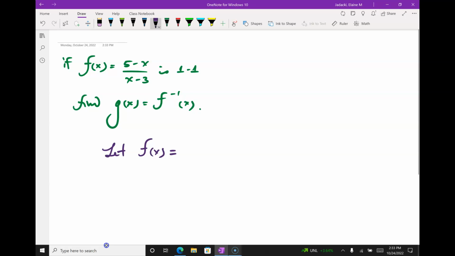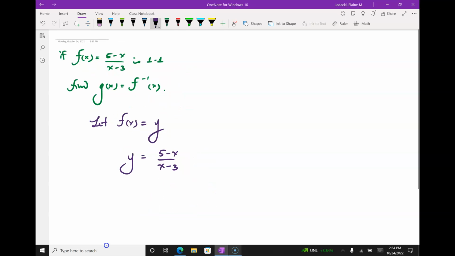Let f of x equal to what? Y. So y is 5 minus x over x minus 3, right? Solve for what? Solve for x. How should we start? Cross multiply, right, by x minus 3. So on the right side they cancel. On the left side, I just get that product.